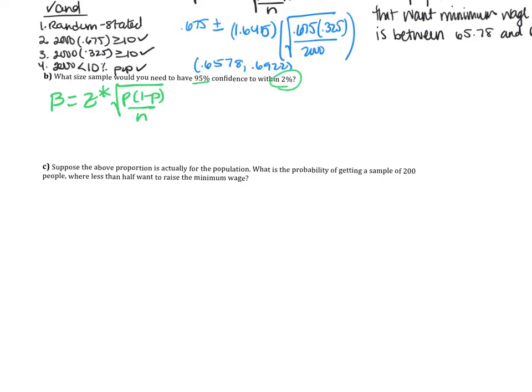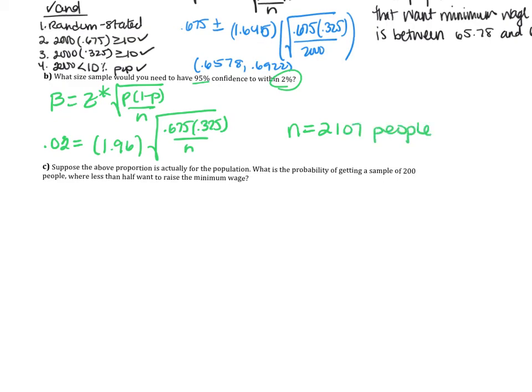Our margin of error is 2%, so 0.02 equals 1.96 times the square root of 0.675 times 0.325 over n. And we're going to go ahead and solve for n, and you get n is approximately 2,107 people. This is somewhere where you really want to make sure you show your work, because based off of how you round, your answer could look different.